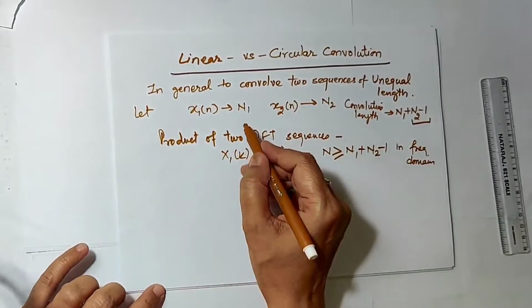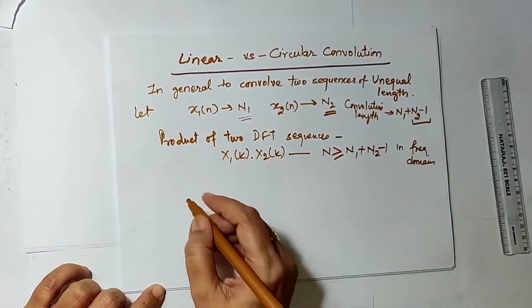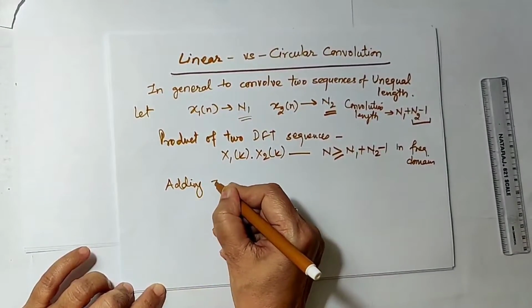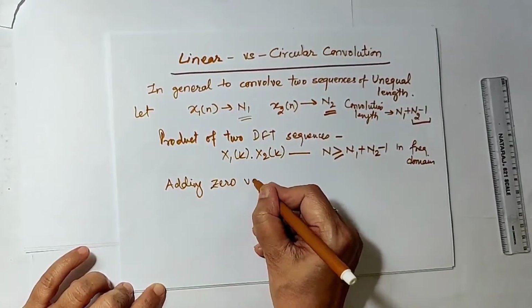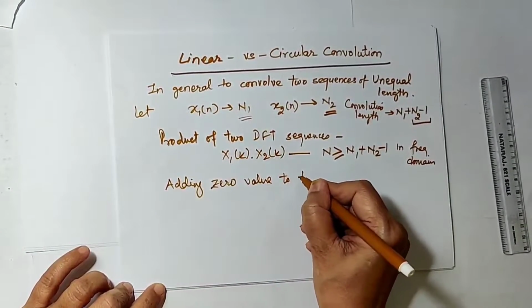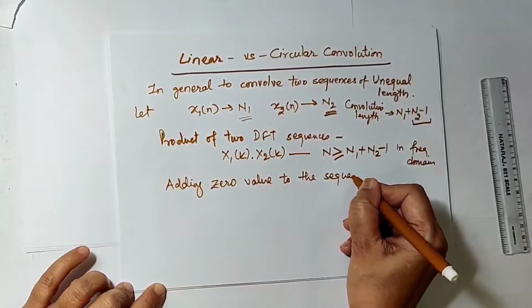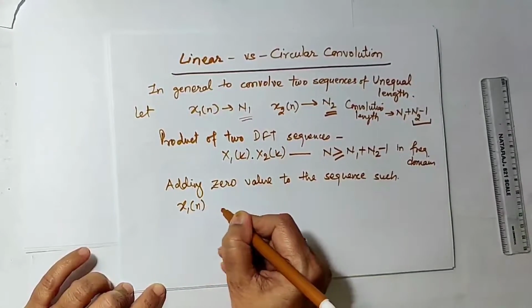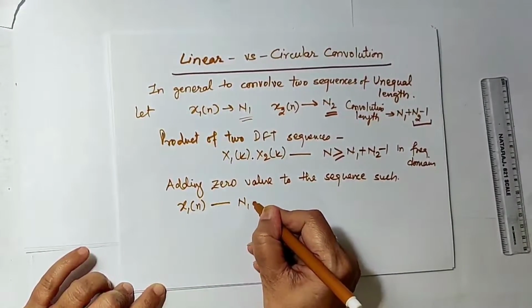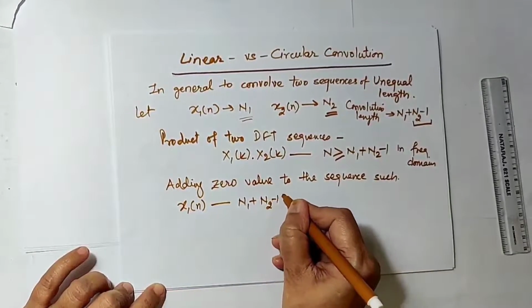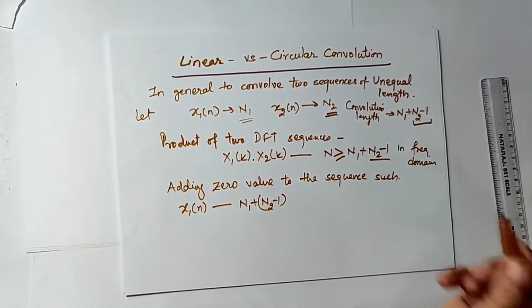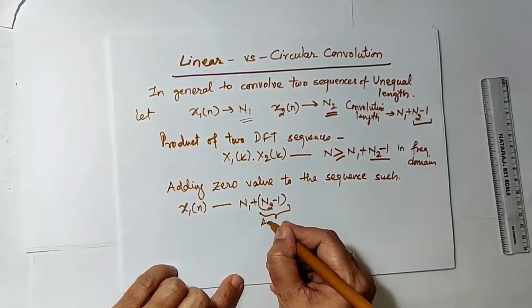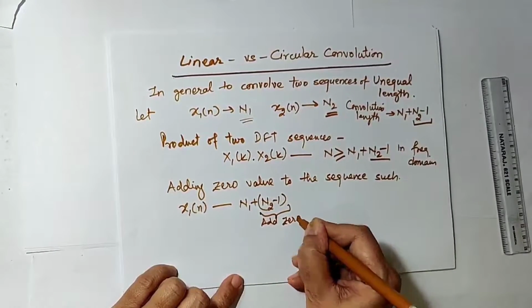For that, what we do for unequal length is add 0 values to the sequences such that x1(n) has length N1 plus N2 minus 1. This is the added 0.